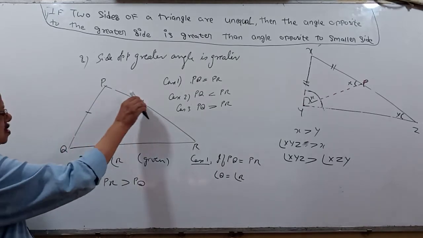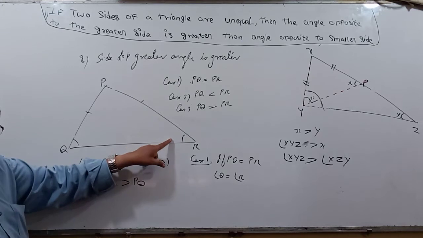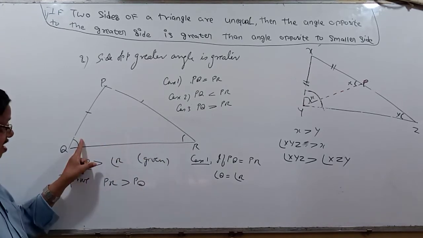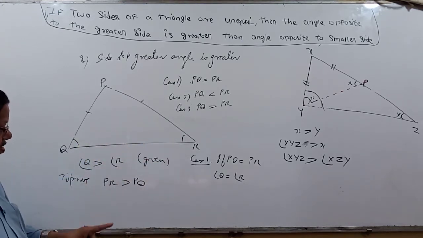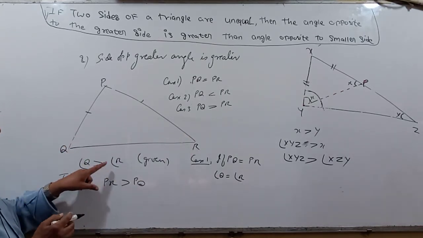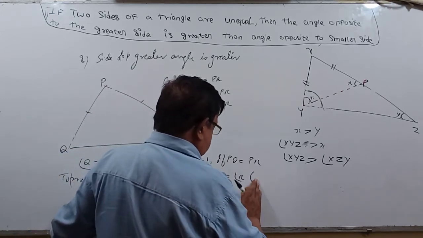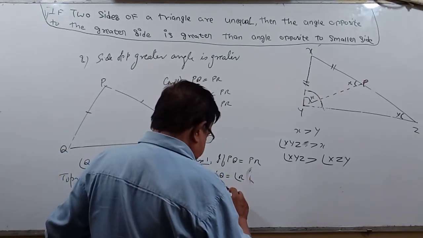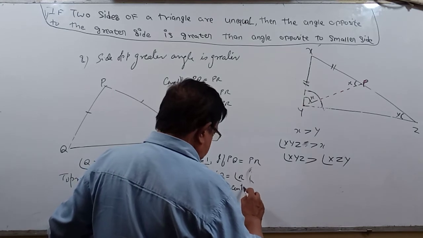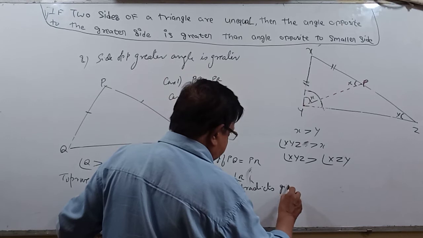If this is equal to this, the angle should be equal to this. Is it what they are given? This angle equal to this angle, is it what they are given? No. This contradicts the given condition. Q is greater than R.